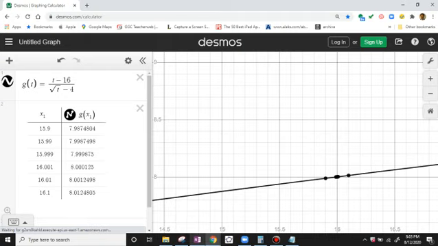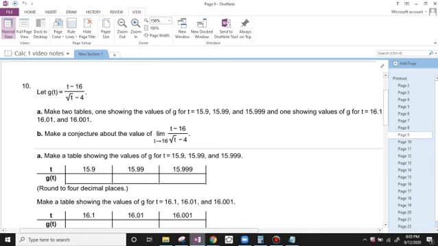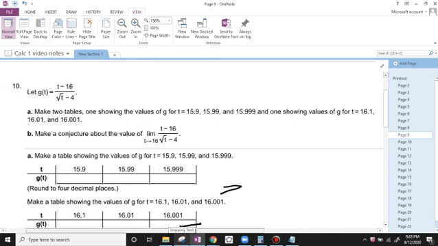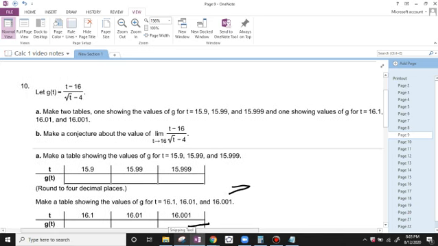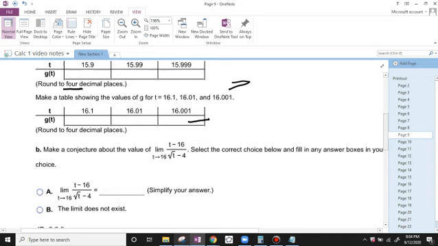We got to worry about some rounding, I think. They want us to round to 4 decimal places. So just make sure we're rounding those to 4 decimal places. The conjecture is then that the limit is actually equal to 8.